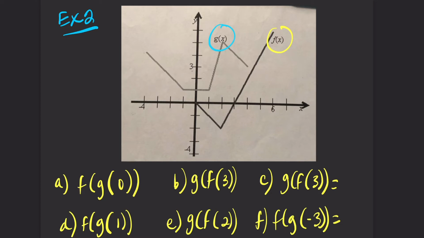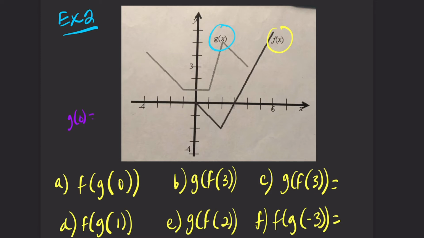Okay, so we're going to evaluate the following. So for a, we are going to evaluate f of g of 0. So remember, we always start with the inside. So the inside here is g of 0. So in other words, we're going to look at g of x, and whenever x is 0, we are trying to find the y value. Okay, so on the side, I'm going to do g of 0.